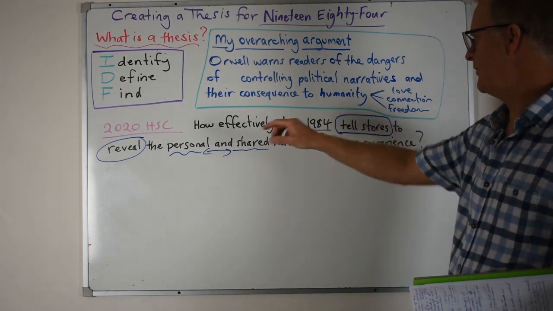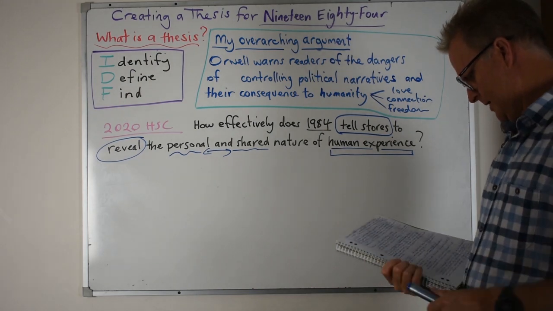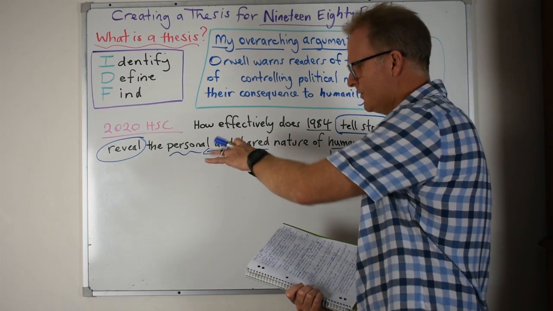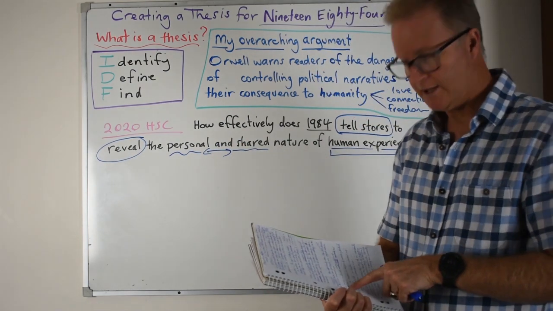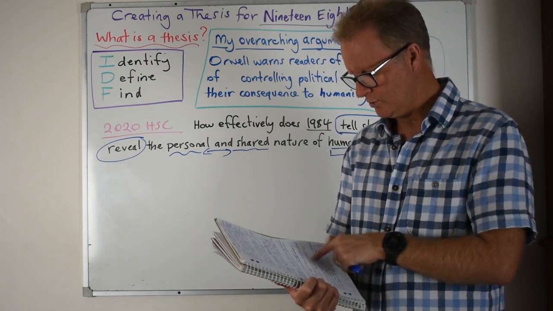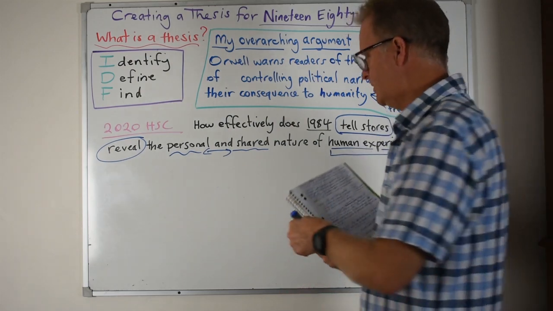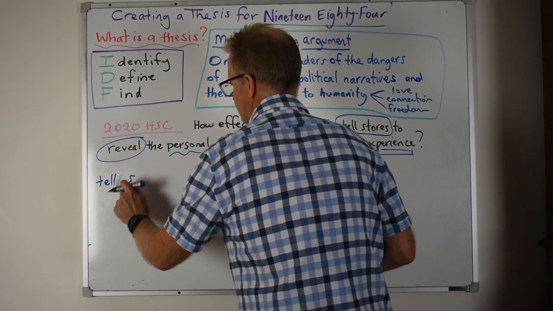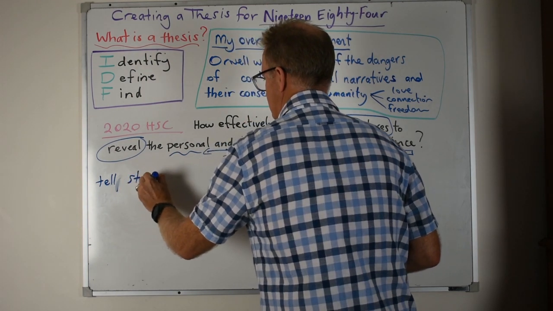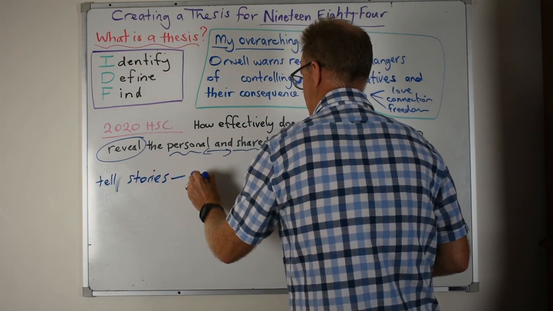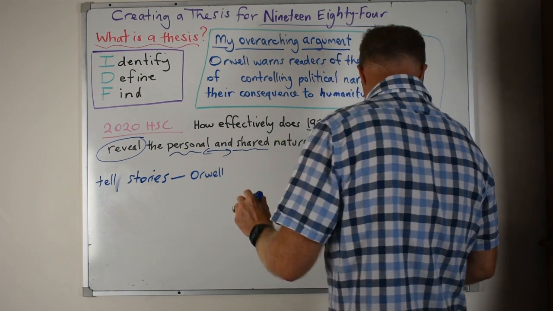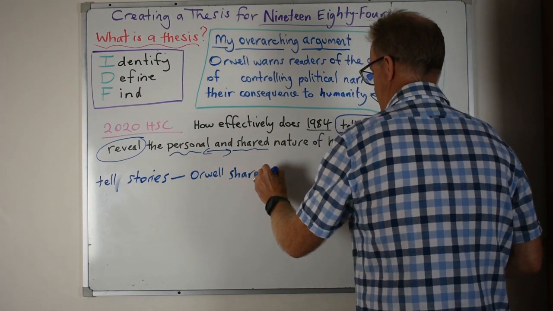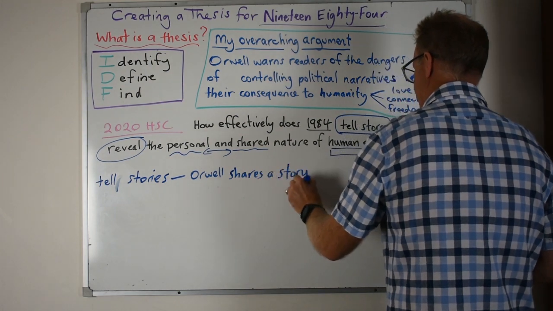Okay, so we've identified our keywords, and so what we will do is, rather than write them all down, telling stories. So he shares a story about our world. I might write it down. Tell stories. Story of our world.